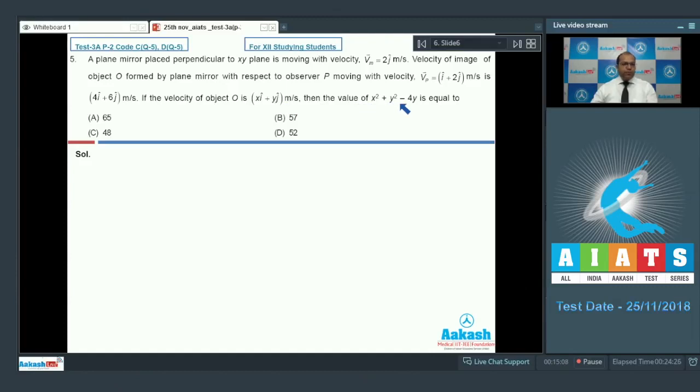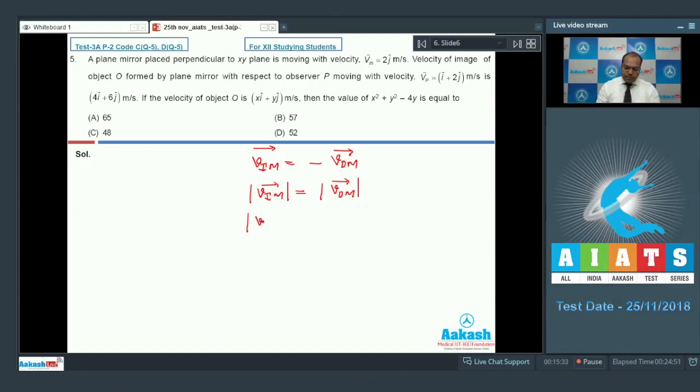We know that in case of a plane mirror, the velocity of image with respect to mirror is equal to negative of velocity of object with respect to mirror. So if I take the mod of this, I can say the mod of velocity of image with respect to mirror is equal to the mod of velocity of object with respect to mirror.